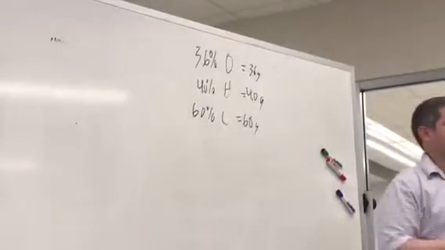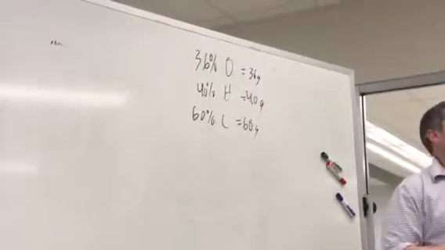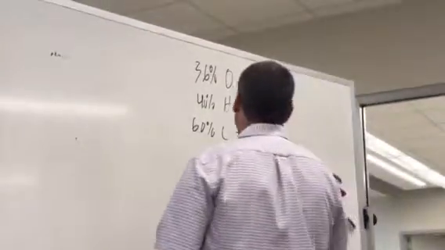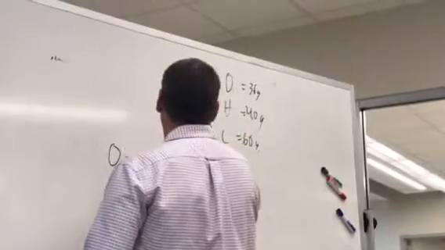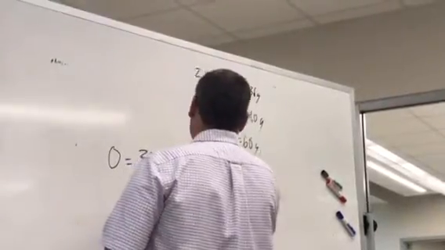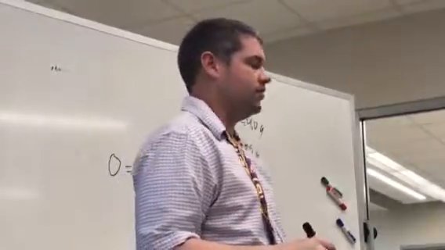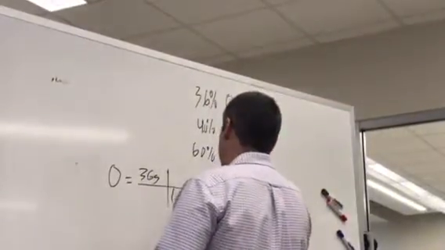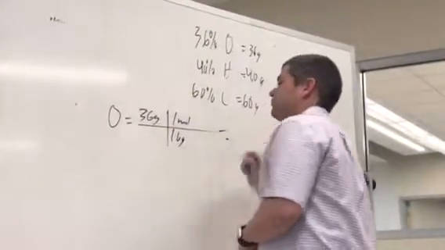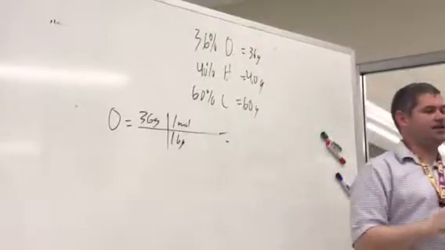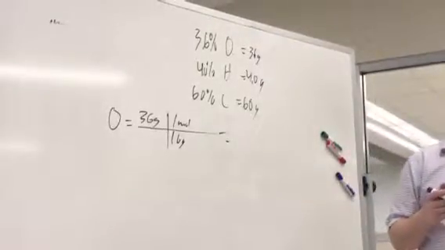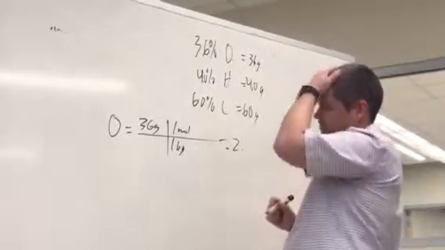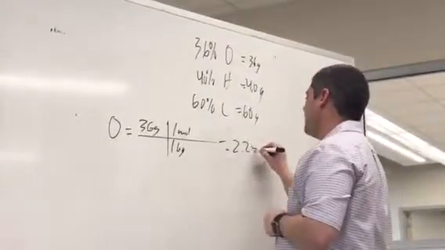And now what's my next step? I want to find how many moles of each I have. So I'm finding the moles of oxygen. Oxygen equals 36 grams. What's the molecular mass of oxygen? 16 grams for 1 mole. 36 divided by 16 is 2.25.